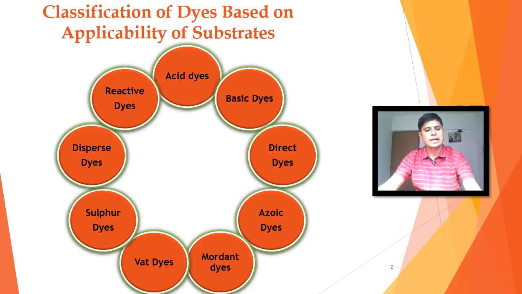They are classified into acid dyes, basic dyes, direct dyes, azoic dyes, mordant dyes, vat dyes, sulfur dyes, disperse dyes, and lastly reactive dyes.